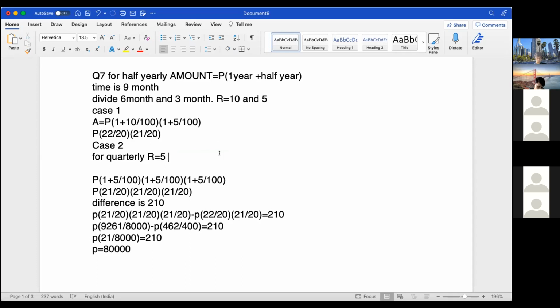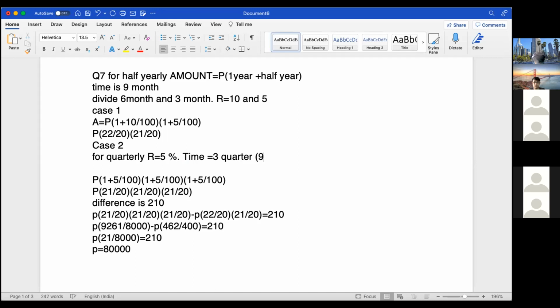Rate will be 5% because 20% per annum hai, and time will be, half yearly compounded quarterly hai, so time will be 3 quarters. 9 month is 3 by 4 year. 3 by 4 is actually 3 into 1 by 4.